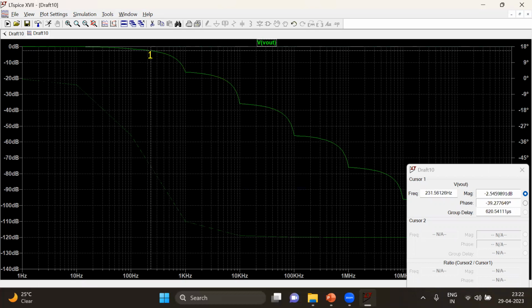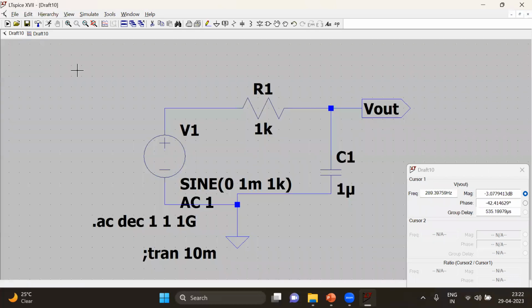At minus 3 dB let us check what the frequency is. So this is the minus 3 dB, and our circuit values as originally set are 1 kilo ohm, 1 microfarad, and 1 millivolt, and this is the 1K value.